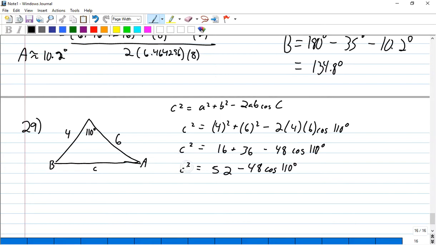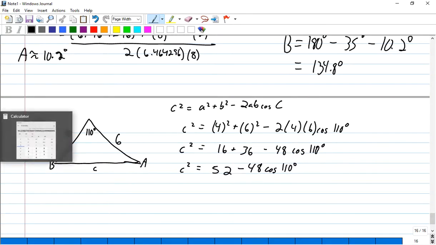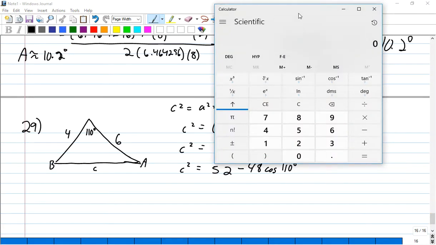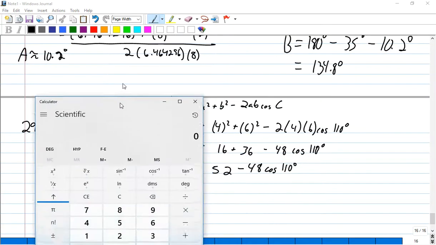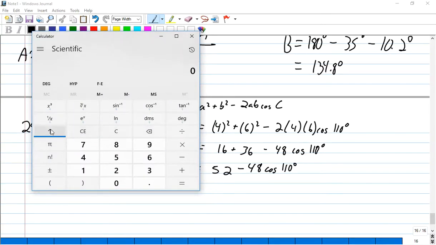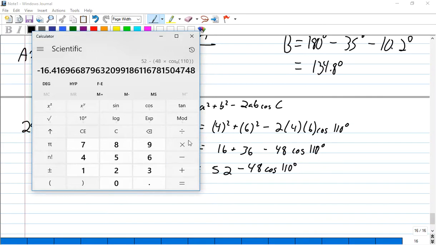And again, I'm solving for C squared, so whenever I do this in my calculator, I'm going to need to take the square root to get my answer for C. And I'm going to carry it out to several places because I have to use that answer in the formula to find one of these other angles. So 52 minus, and then I'm going to put in parentheses 48 times 110 cosine, close parentheses, equals.